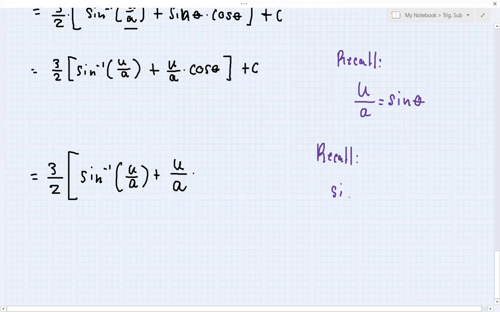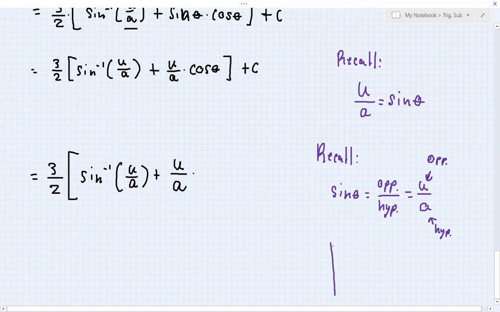We have sine theta is equal to opposite over hypotenuse, di ba? And ano nga ulit yung sagot dito, di ba? U over A. Ibig sabihin nun, itong si U, siya ay opposite. Si A, siya ay nasa hypotenuse.